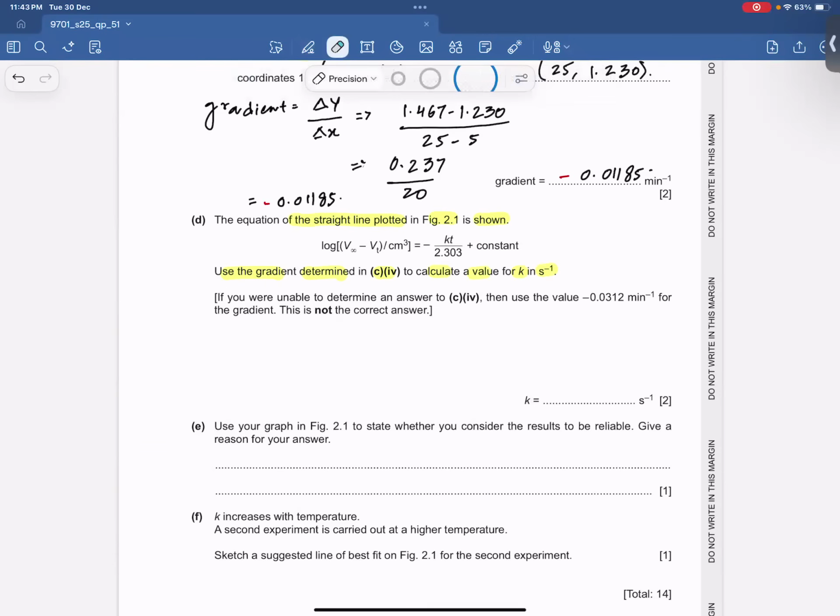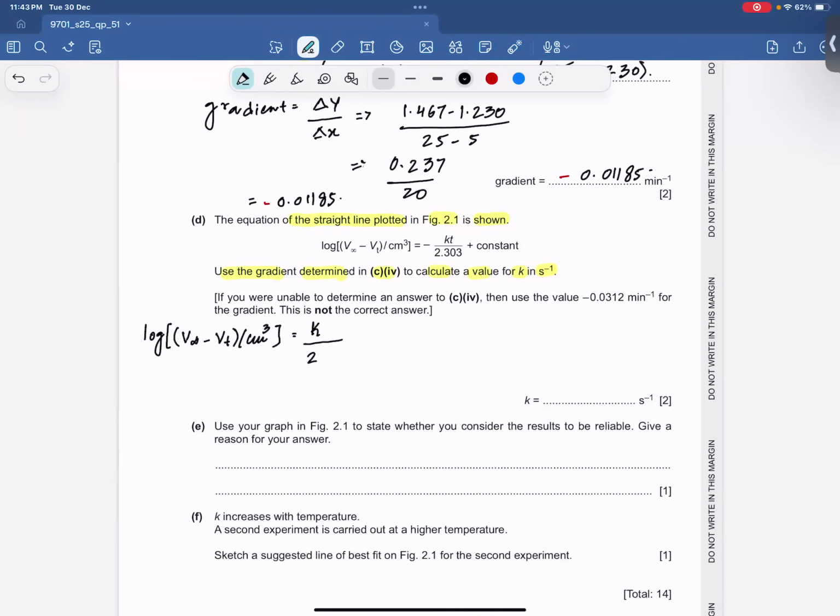So the equation is log (V infinity minus Vt) / cm³ equals k upon 2.303 into 1 over t plus constant.